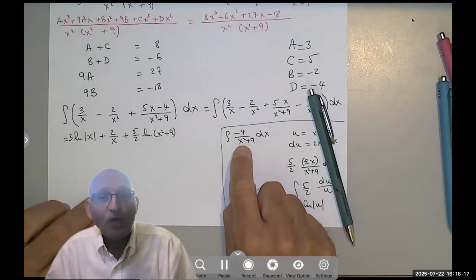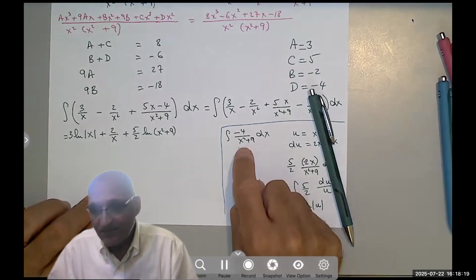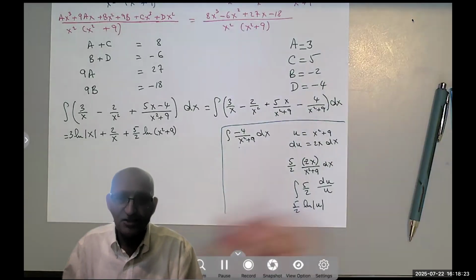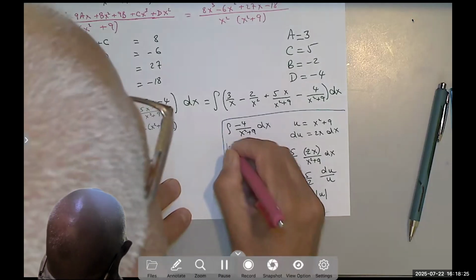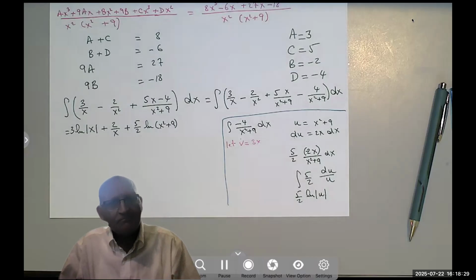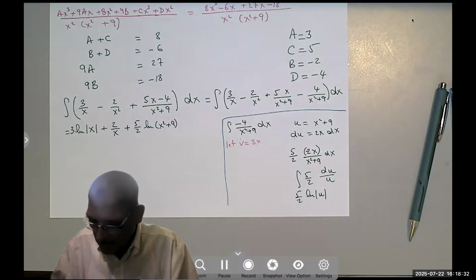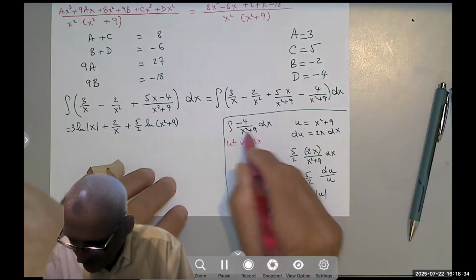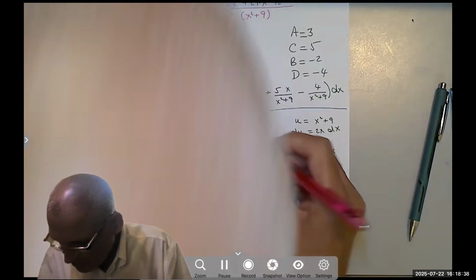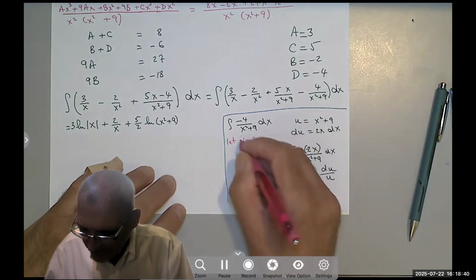Since this is a square, and the square root of 9 is 3, what if I say, let's use another letter than u, let v equal 3x. So x squared plus 9. I'm sorry, I wanted x to be 3v, right?